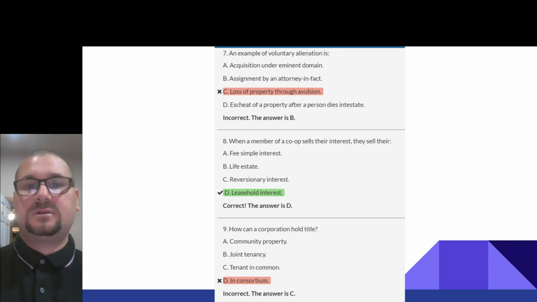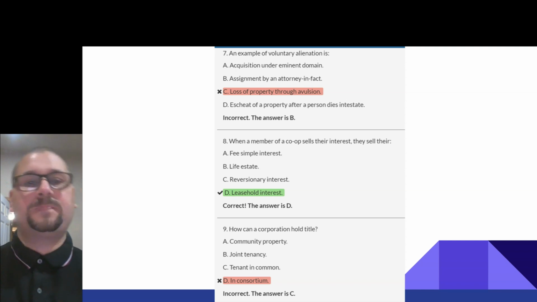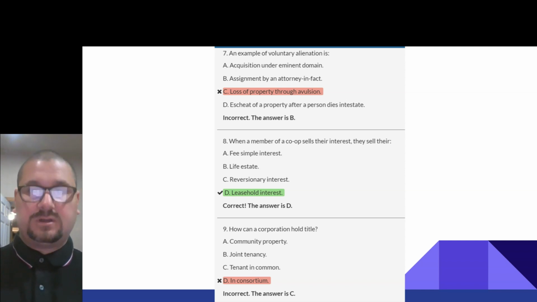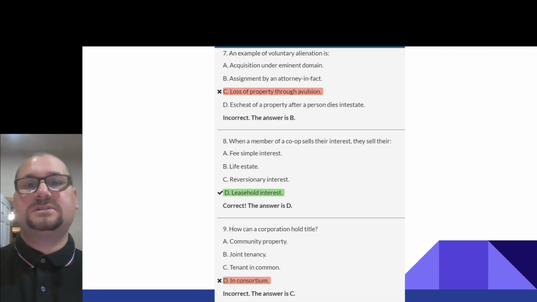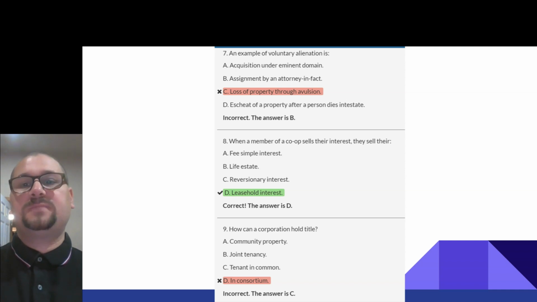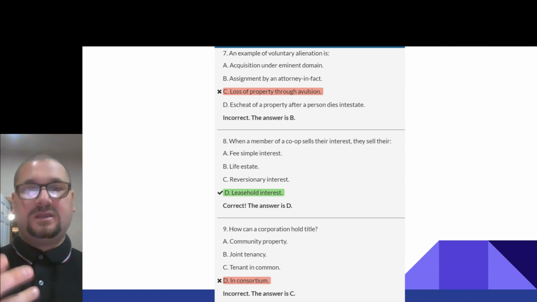When a member of a co-op sells their interest, they sell their what? They sell their leasehold interest, delta. So when a member of a co-op sells their interest, they're selling their leasehold interest because they're a member.